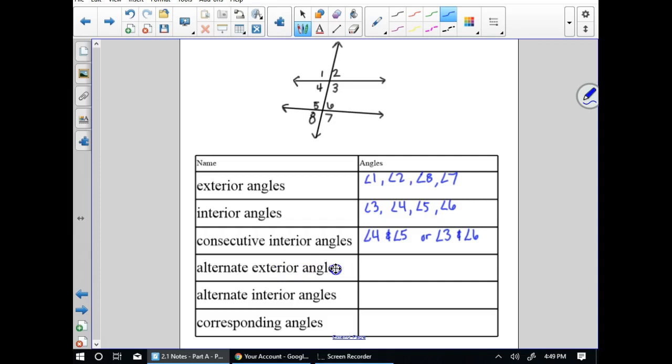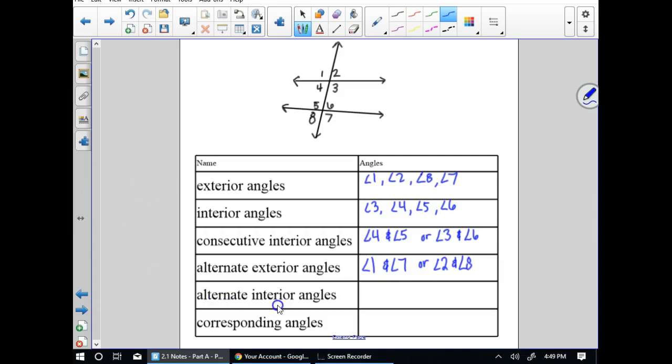Alternate exterior angles, the word alternate means on opposite sides. So these are going to be exterior angles that are on opposite sides of the transversal. For example, 1 and 7 are alternate exterior angles. And angle 2 and angle 8 here are also alternate exterior angles.